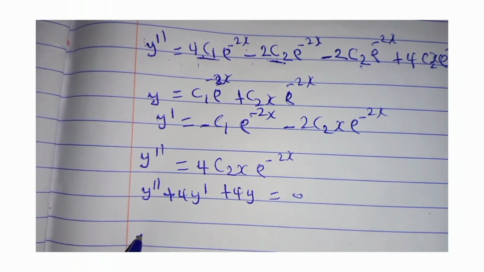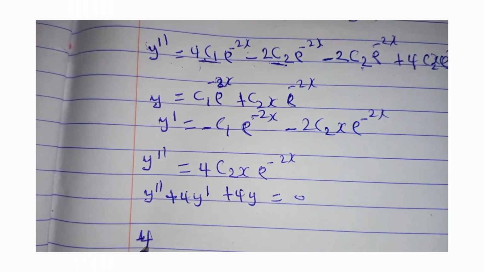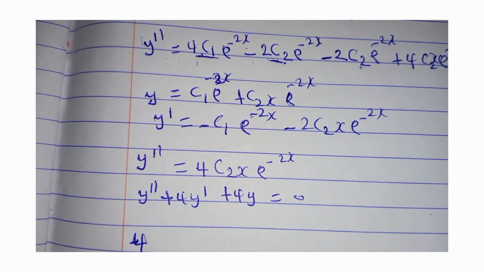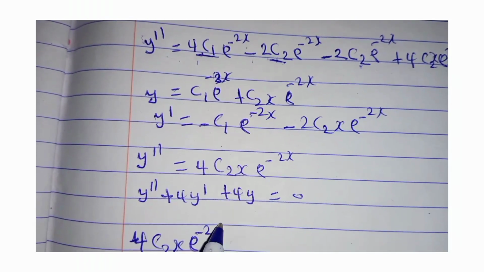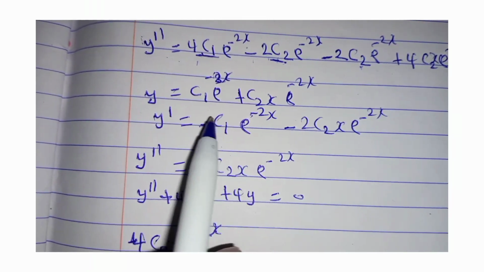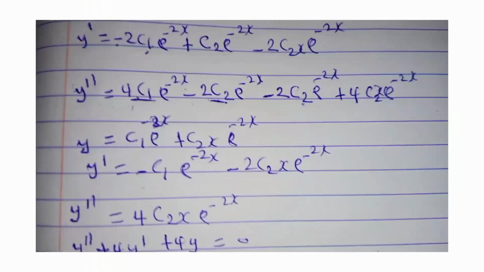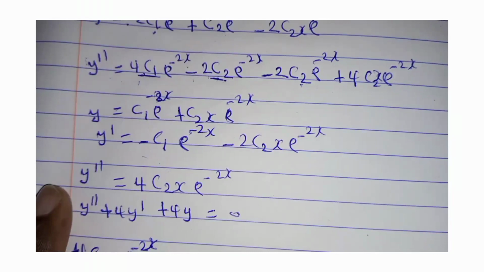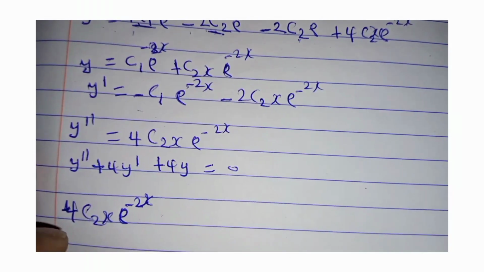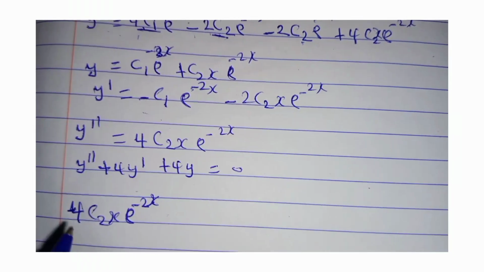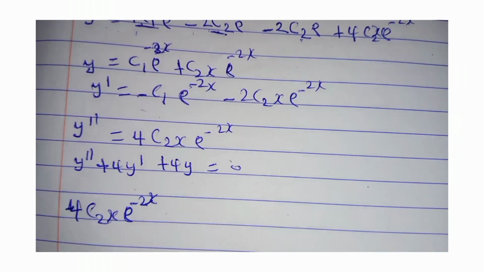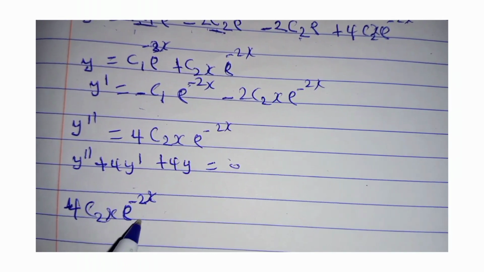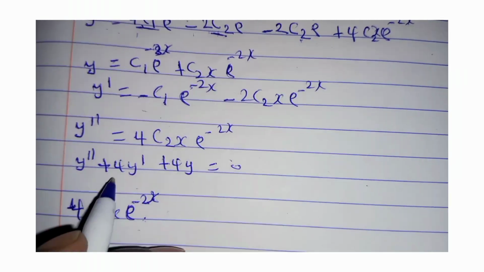So you have 4c2x exponential negative 2x. Then when you substitute here, there is this 4.